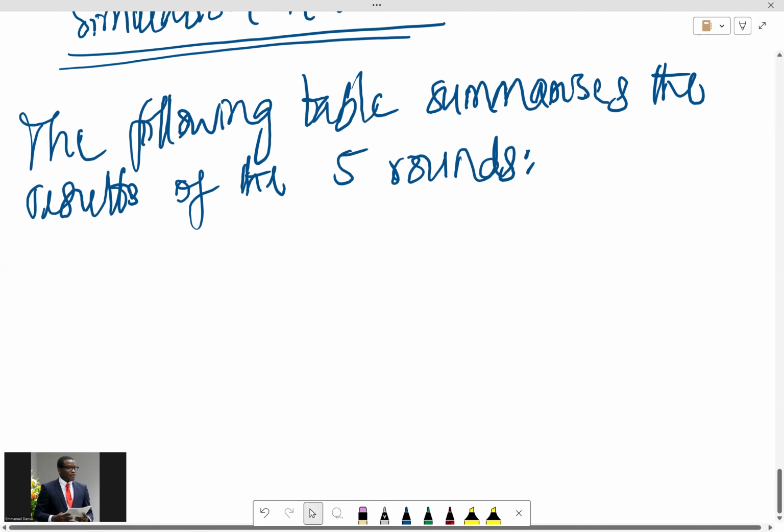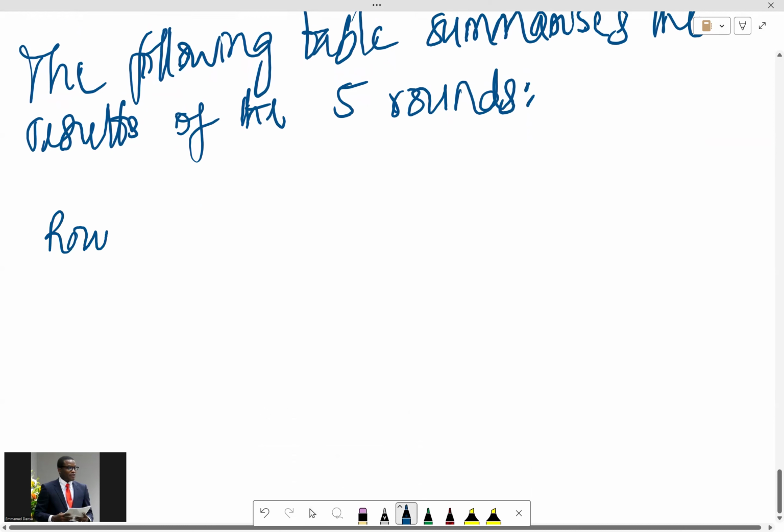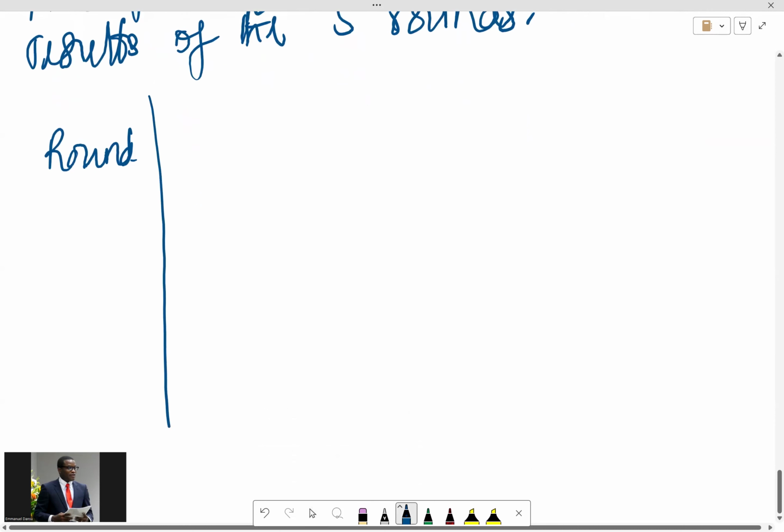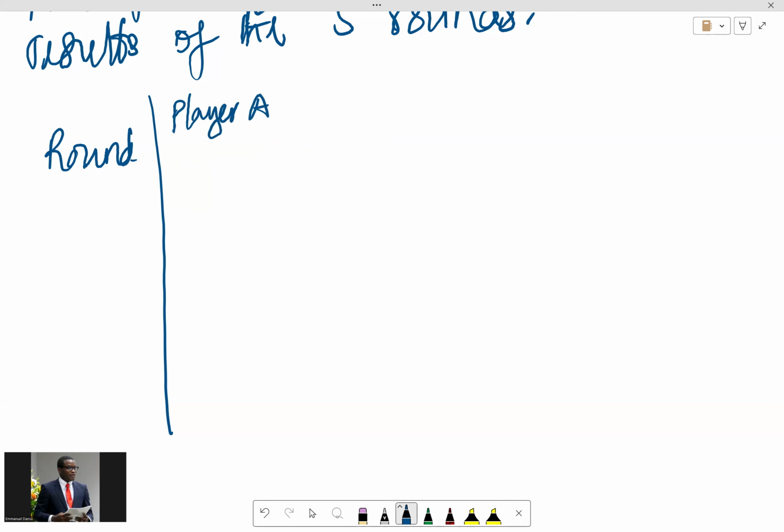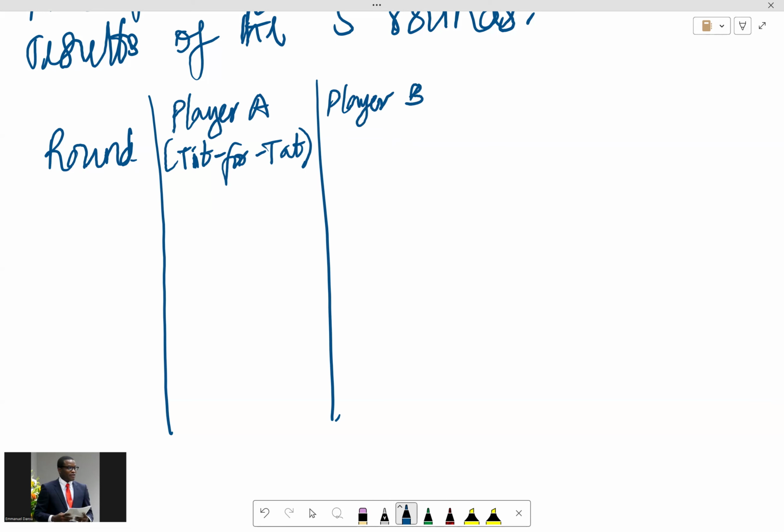We have the round, player A doing tit for tat, and player B alternating.